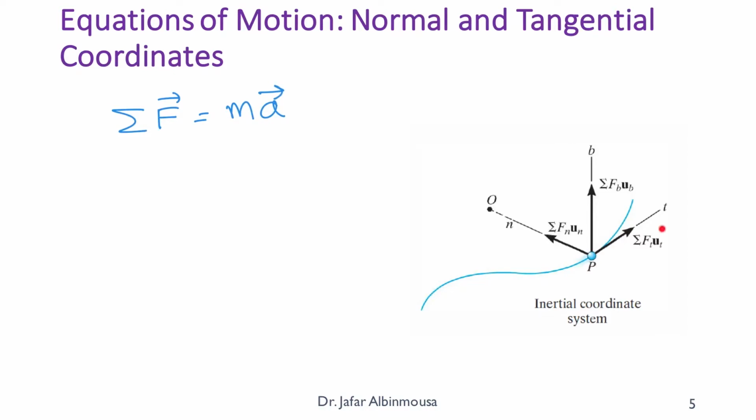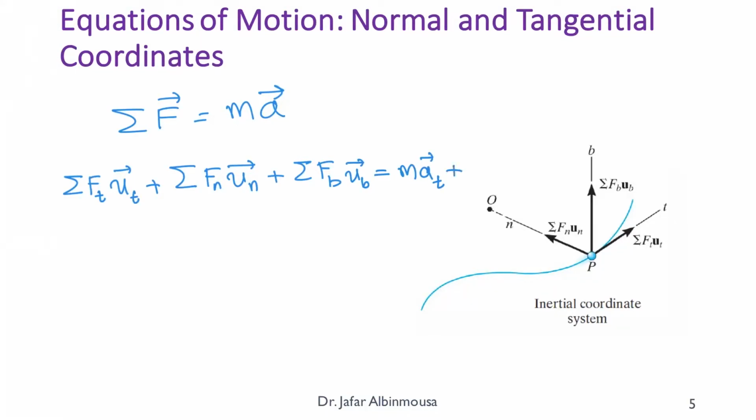And since we have three components of forces, we should sum up all the scalar forces acting in the tangential direction and multiply this by the tangential unit vector, plus the summation of all normal forces as a scalar multiplied by the unit vector in the normal direction, plus the summation of all of the forces acting on the binormal multiplied by a unit vector, we will call it UB, which is supposed to be equal to the mass multiplied by the acceleration in the tangential direction plus the mass multiplied by the acceleration in the normal direction.